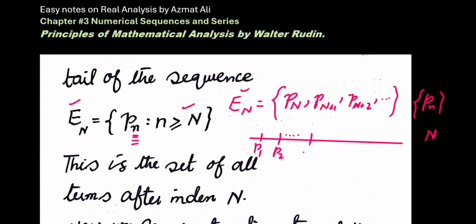There is some integer capital N. So this is the Nth term of this sequence. Now the next term will be P_(N+1), then P_(N+2), and so on. So we are taking only those terms whose index is greater than or equal to N. We call these terms the tail of the sequence. I hope now you are clear about this concept. So this is the set of all terms after index N.